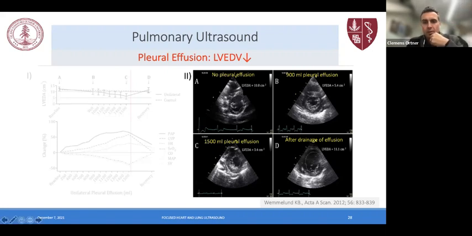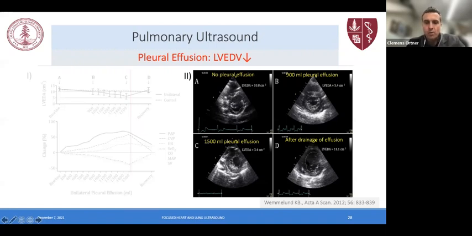Here's the same picture. If there is no pleural effusion, the left ventricular end diastolic area was more or less 11 centimeters squared. And the more the pleural effusion is increasing, the smaller becomes the left ventricular end diastolic area, as a parameter of left ventricular filling. Here, it's only a third of the original filling.